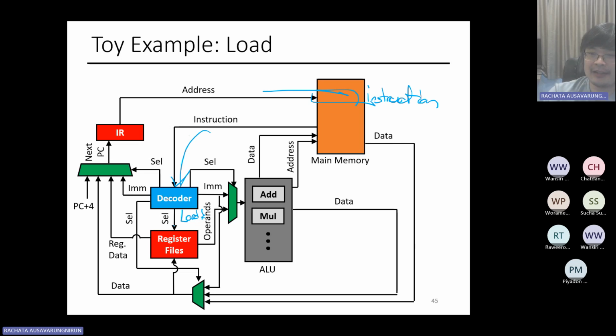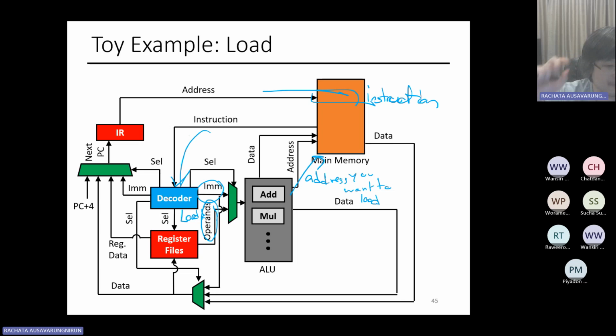A load means that I do not want any operand except the address. So you basically take the address from either the immediate or the operand, and you feed the address you want to load.